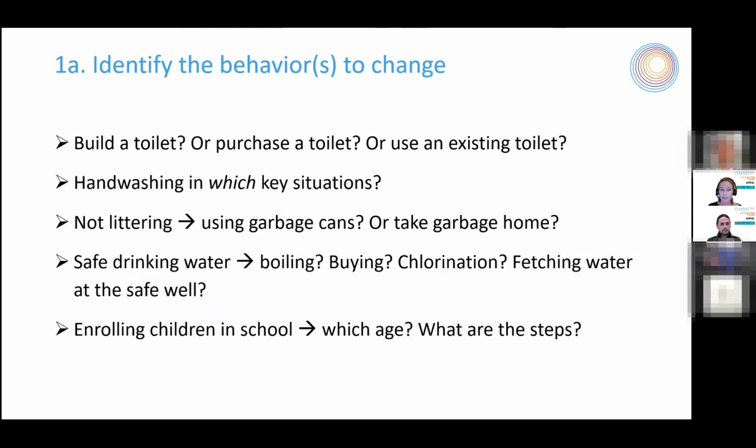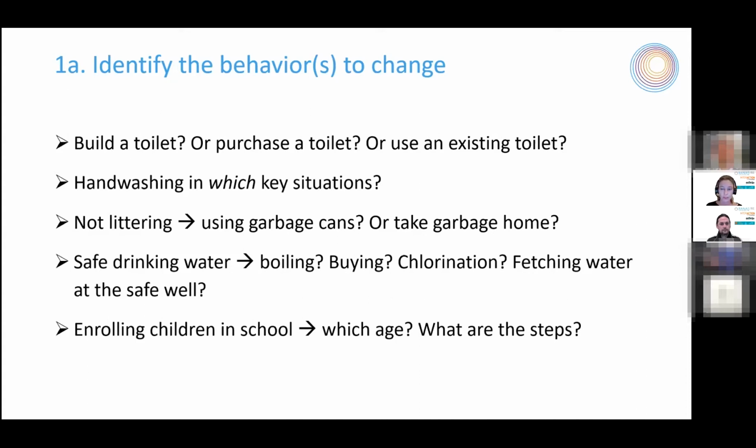So for example, in a latrine use project, is it actually that you want people to build a toilet, or is it more that your target behavior is that people purchase a toilet, or is it more that you use an existing toilet, or is it also maybe several of those behaviors?